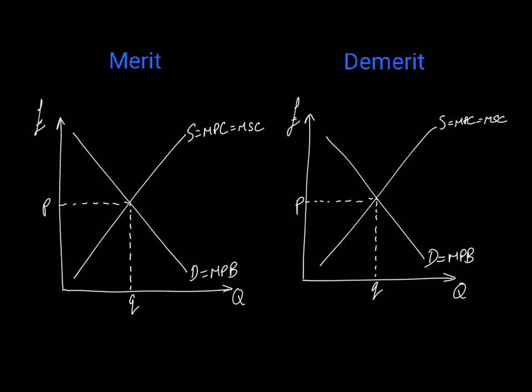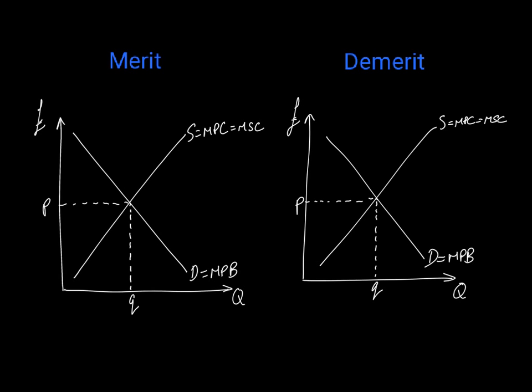Now, the problem that we've got here, essentially, with the merit good is a problem of perception, because people are not considering the benefits properly. So the issue is that this demand curve, which comes from the benefits that people perceive, actually is not in the right place.